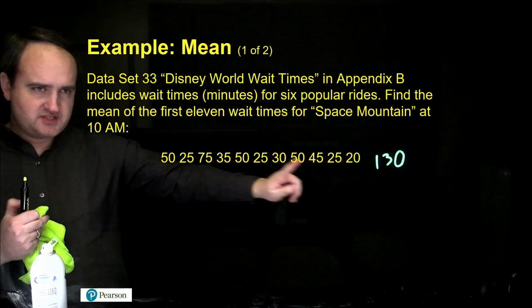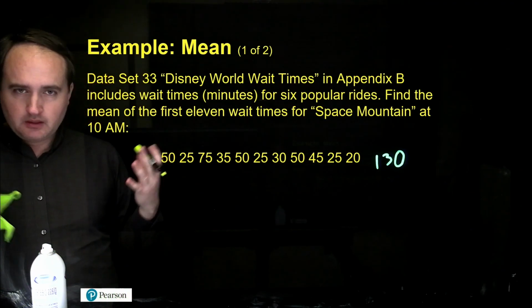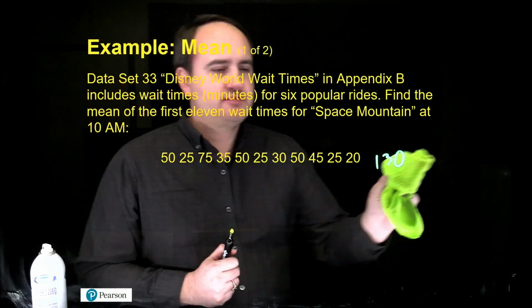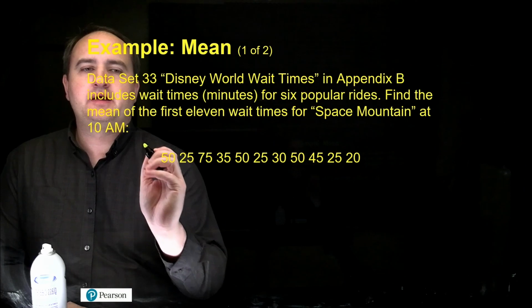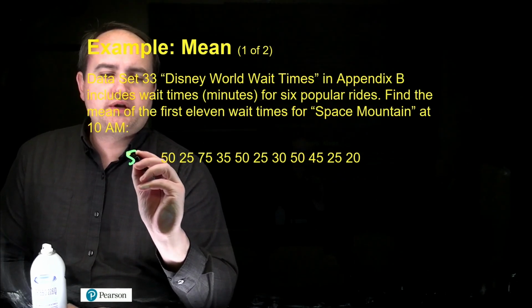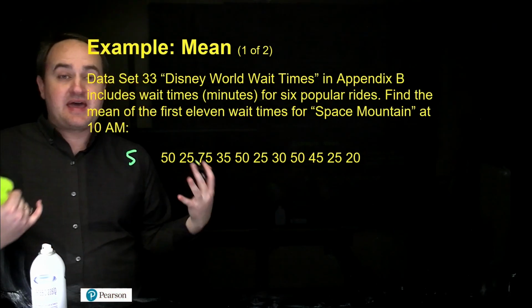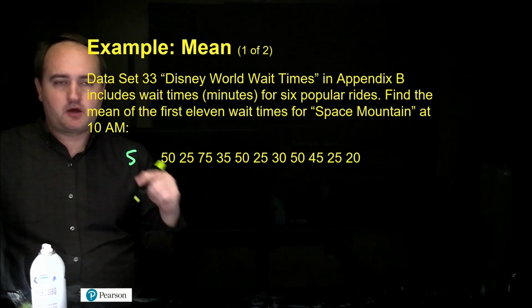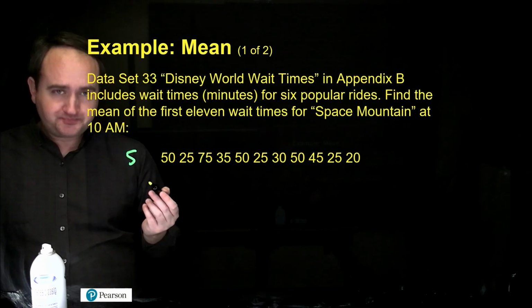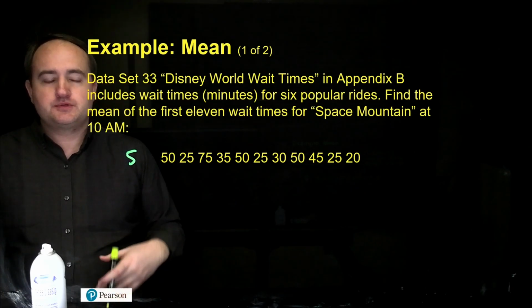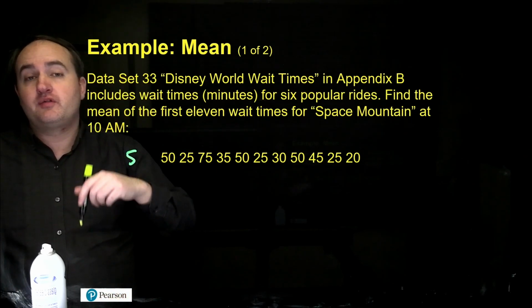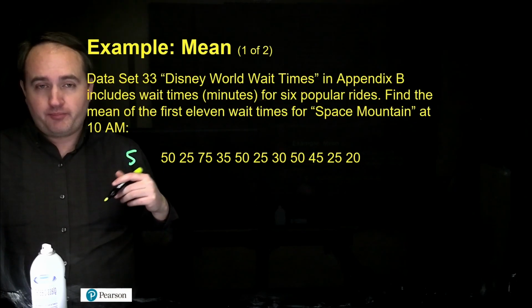Same thing if instead of 130, someone had a wait time of, say, 5 minutes, that would be another example of an outlier. What do you think that would do to the average, or the mean is what we're supposed to call it? Well, because it's so much lower than the other numbers, when you add up all these numbers, it's going to lower the average or the mean by a lot.